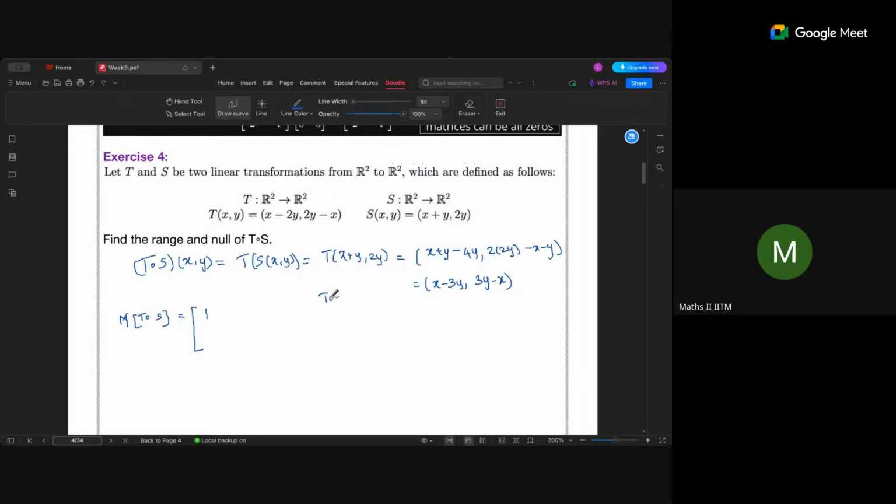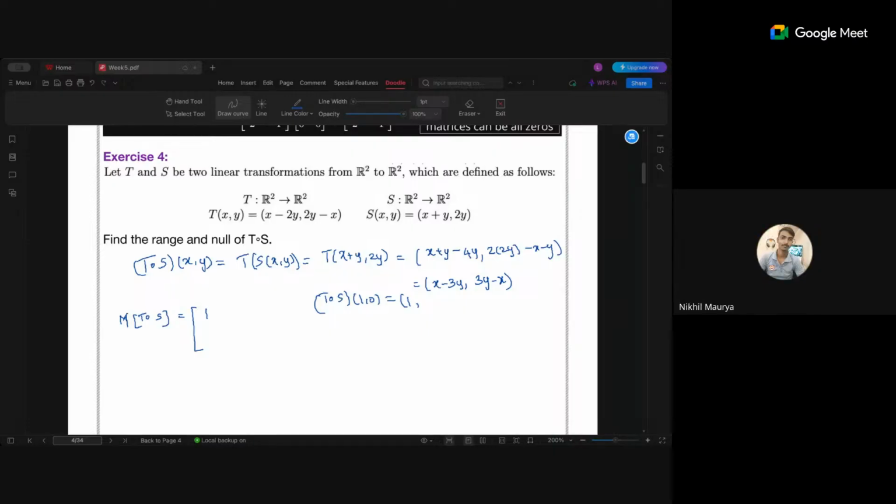See, what is T composition S of (1, 0)? What's the answer? 1, minus 1.